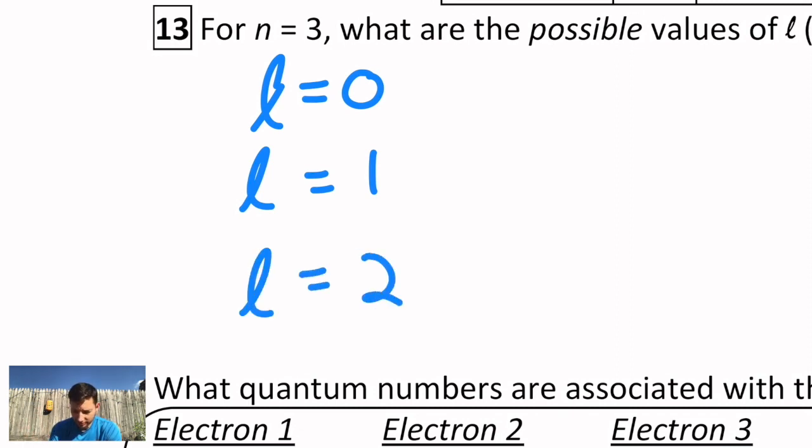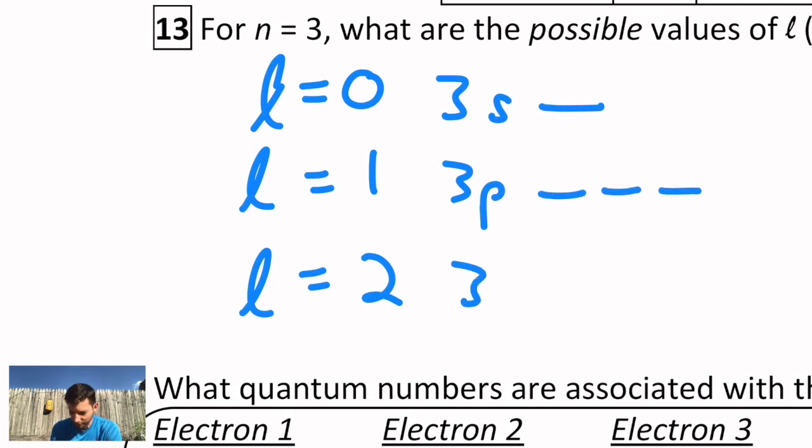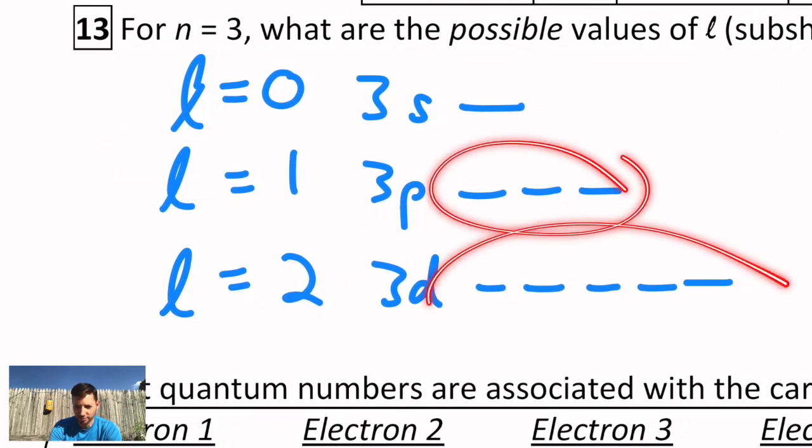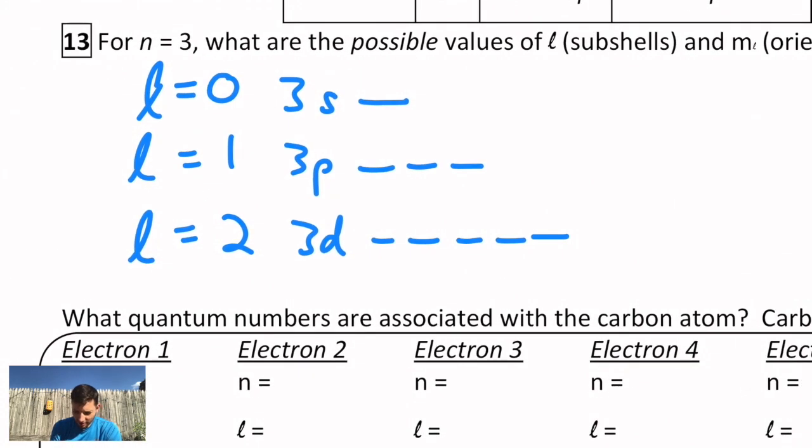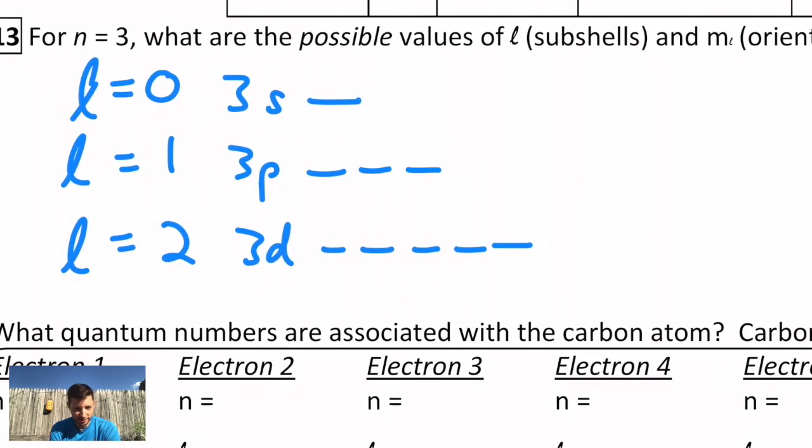And that corresponds to the 3s orbital, the 3p orbital, and the 3d orbital, or orbitals, we should really say. And remember, there are 3 types of p orbitals, 5 d's, but only 1 s in the principal energy level of 3. So then those are our three possibilities for l: 0, 1, and 2.